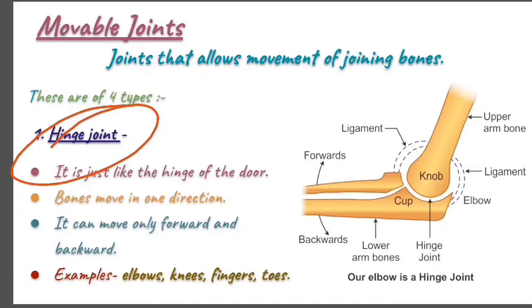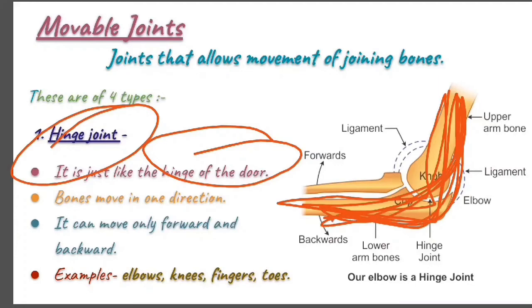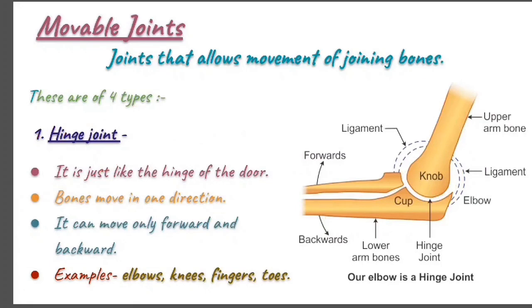Just observe minutely where the doors are joining to your wall: there are particular things which help them join to the wall, and that is called a hinge. Just like the hinge of your door, your bones also have it.